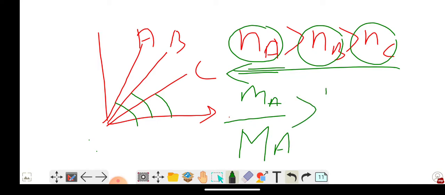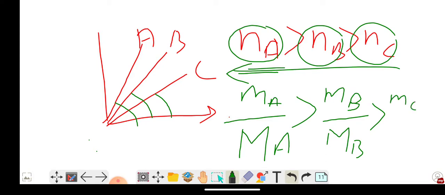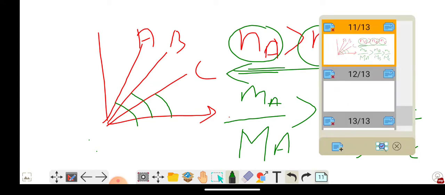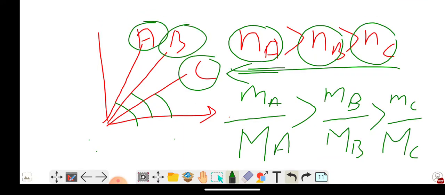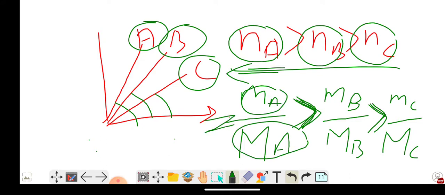So this will be greater for A, also given mass of B upon molar mass of B, and given mass of C upon molar mass of C. So we have to check what is the order between the molar mass of A, molar mass of B and molar mass of C.